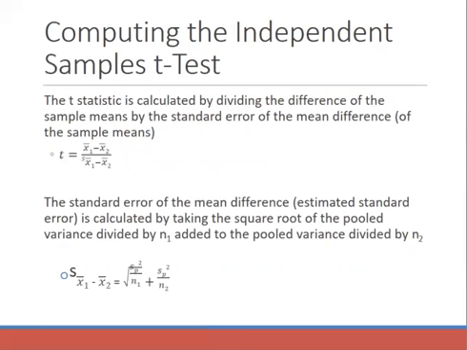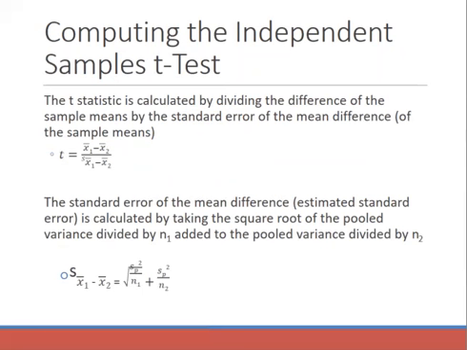Okay, these are the formulas for computing the independent samples t-test. We're working our way backwards. Remember that the t-test is the sample mean minus the population mean divided by the standard error, right? So at a basic level, t is the sample mean minus the population mean divided by a standard error. When we're comparing 2 groups, we want to be able to extrapolate about the 2 population means.